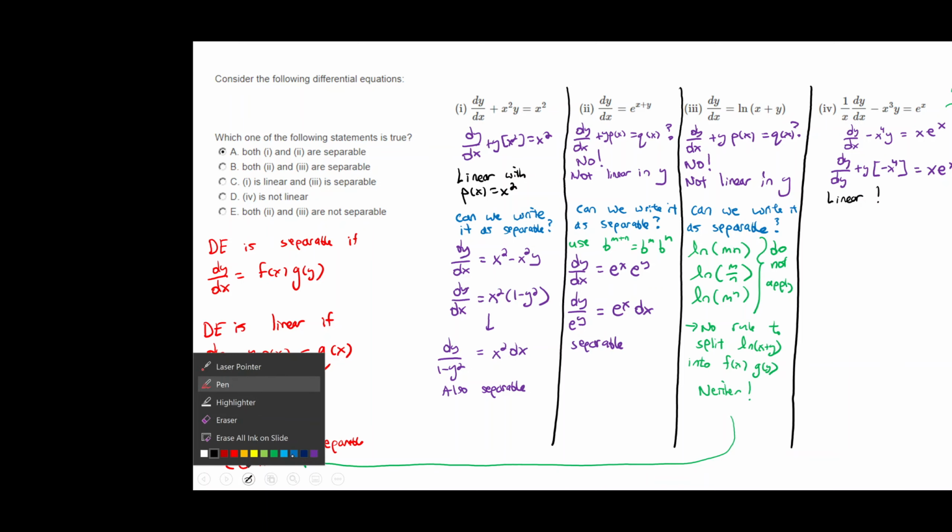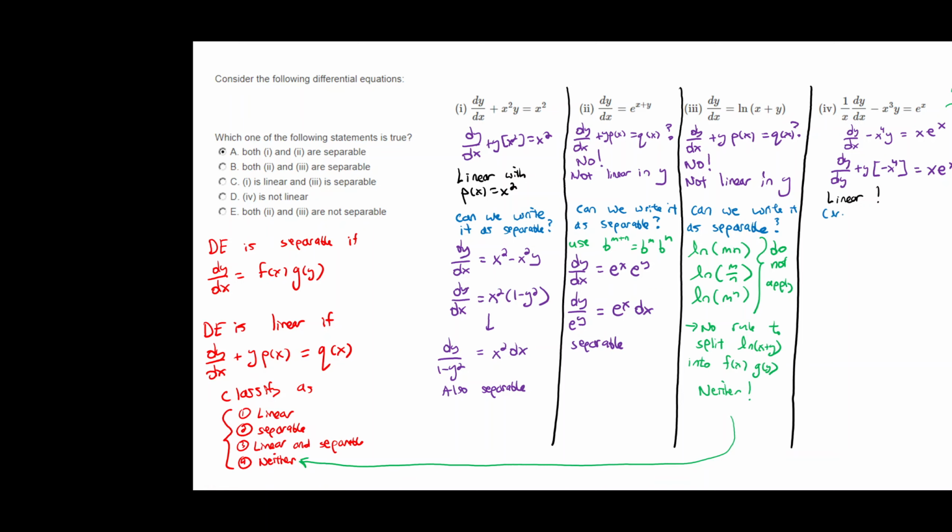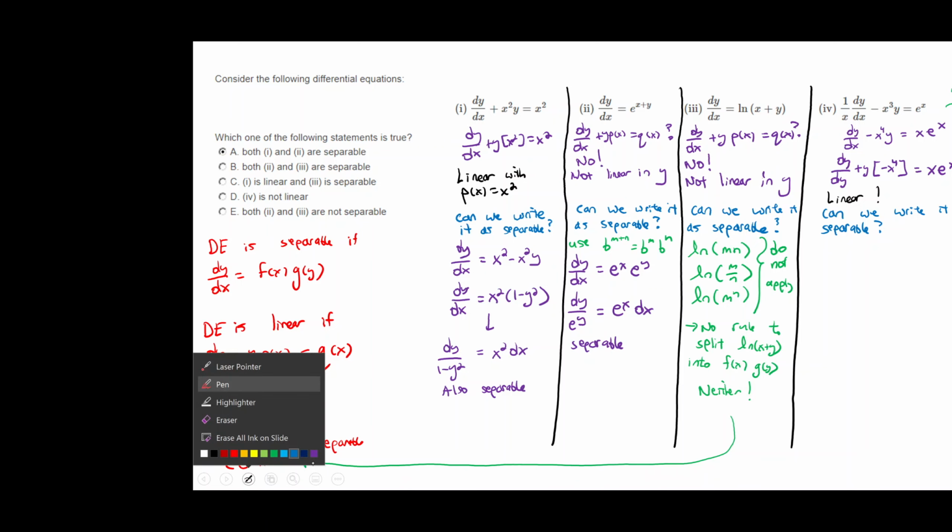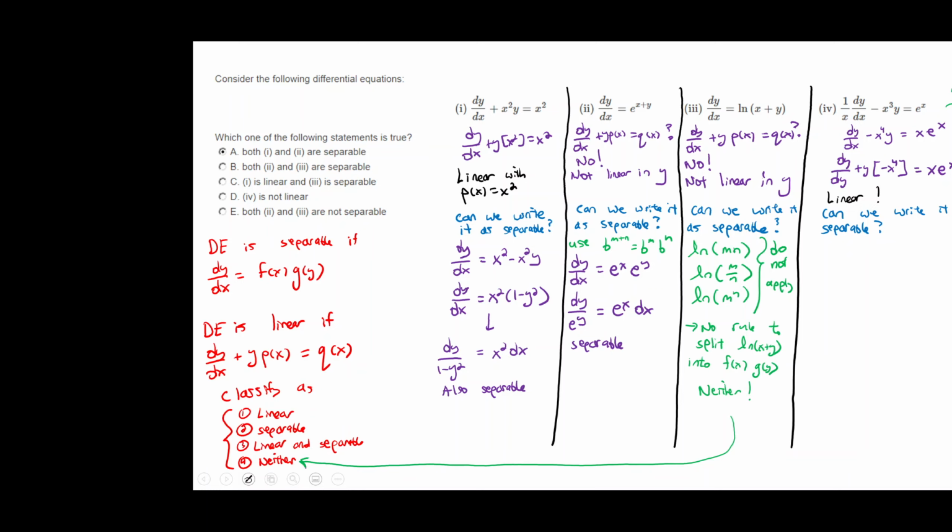Can we write it as separable? So let's try. I'm going to take the form that we just ended with, dy by dx minus x to the power 4 y is equal to x e to the x.